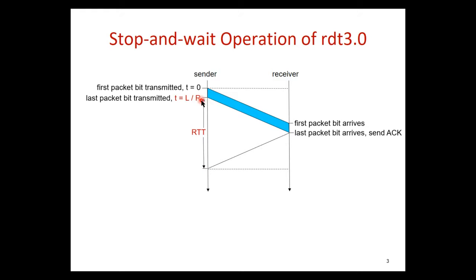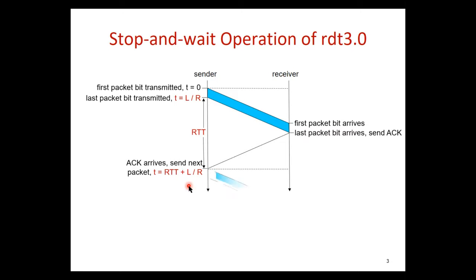And this time is the round trip time, essentially the time it takes for this bit to go from sender to receiver, and then some short message to return back to the sender. So by definition, this is the round trip time. After this wait time, the ACK arrives at the sender.